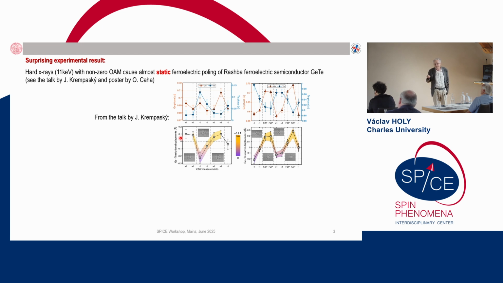So the frequency is very, very high, and in spite of that, the effect is static or very slow. So this was our puzzle. How is it possible that such a fast changing field can cause a static effect?